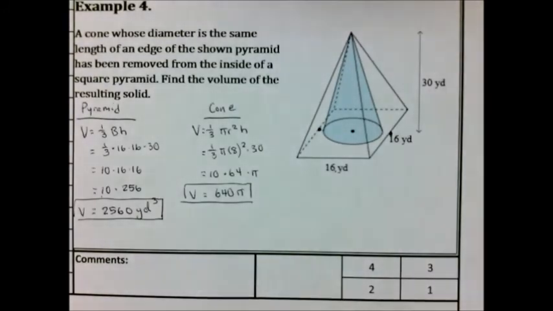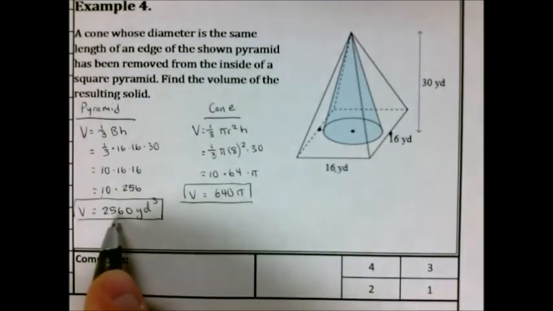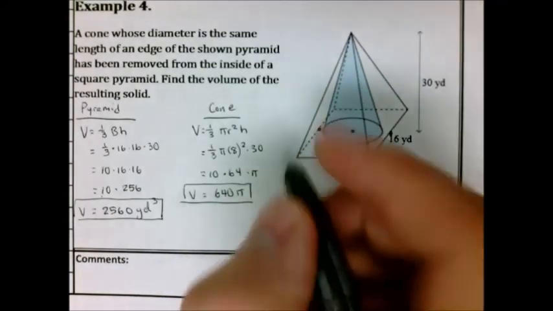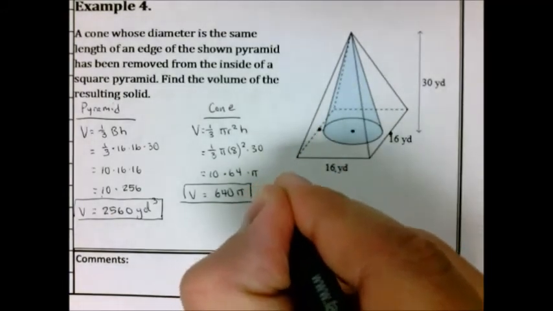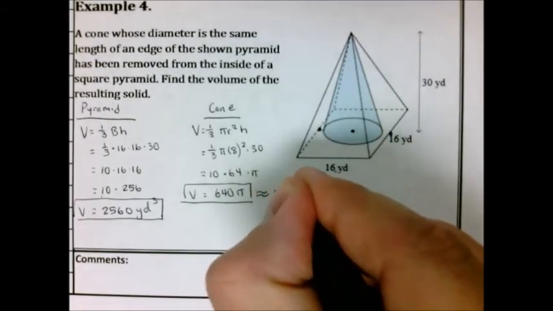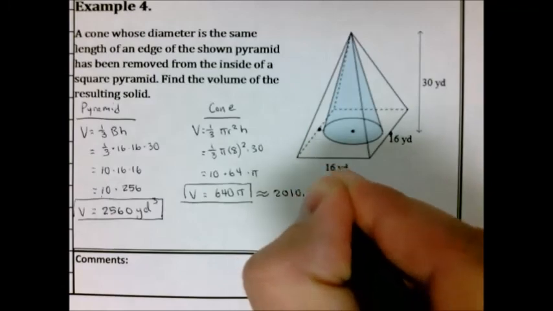And that is the most exact answer that we can get in terms of volume for the cone. Now, in order to find the volume of the resulting figure, remember the last step here is to just subtract those numbers. Subtract 2,560 minus the volume of 640 pi. If we were to make an approximate of this, 640 times pi is approximately 2,010.6 yards cubed.